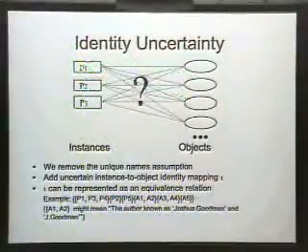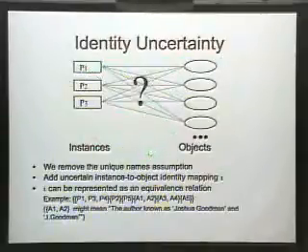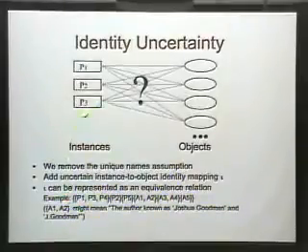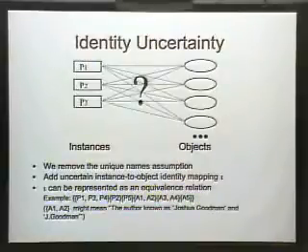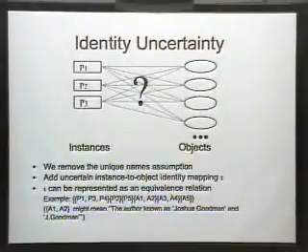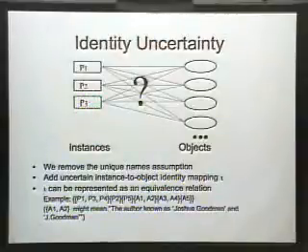Any of these instances could correspond to any of the objects, and you could write down, I think, only 6 possible ways they could combine into equivalence classes.